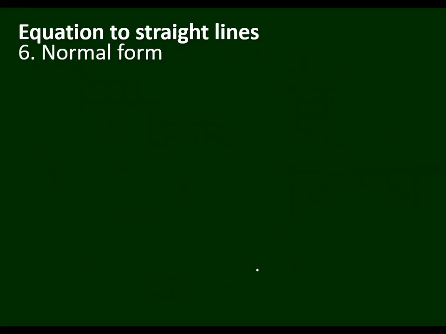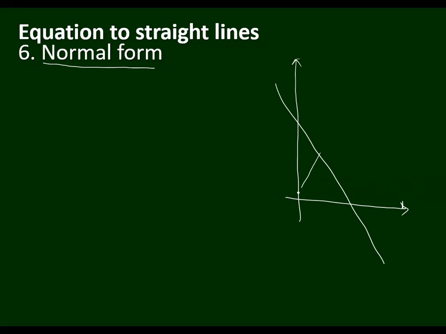Let us then come to normal form. Normal form means this is how we have to write the equation when the normal from the origin is given. This length is given. Normal means it is making 90 degrees, and this angle will be given.